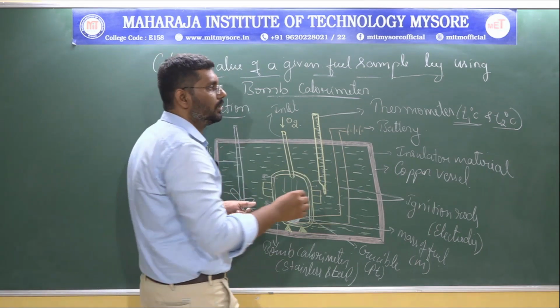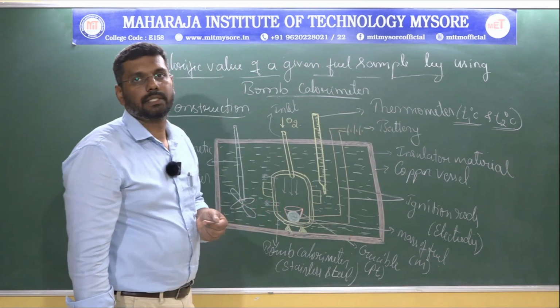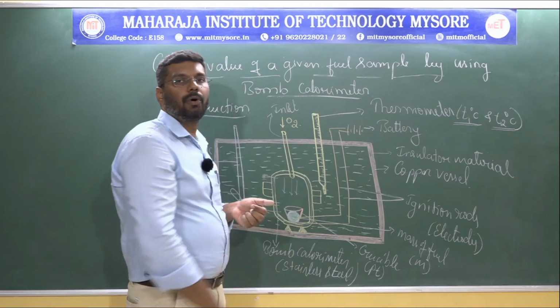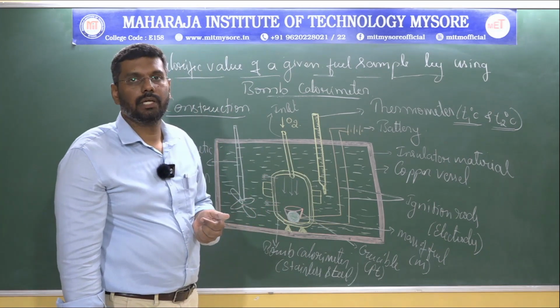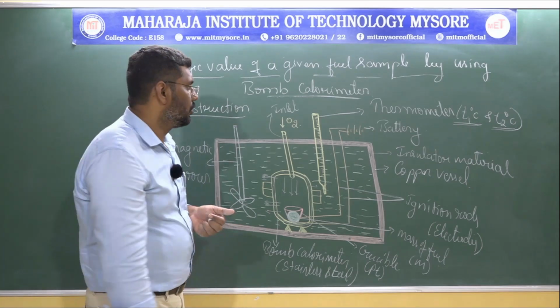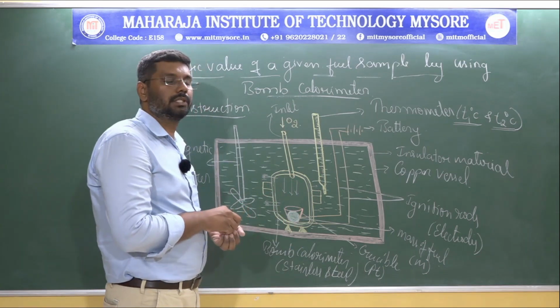That is T2 degree centigrade. So this is about the working of the bomb calorimeter. Is it clear? Hopefully I have been clear about the construction and working of the bomb calorimeter.